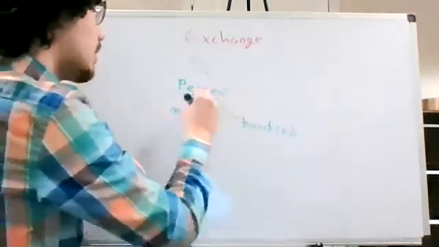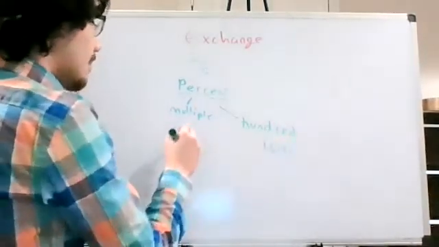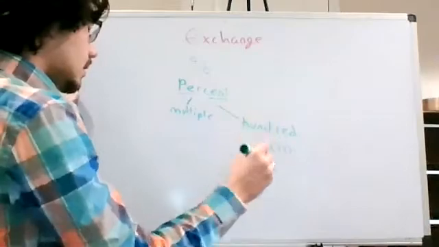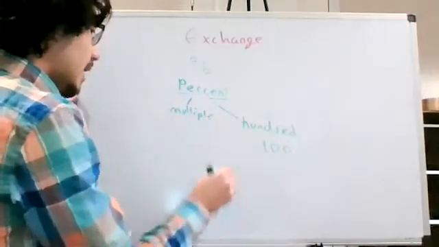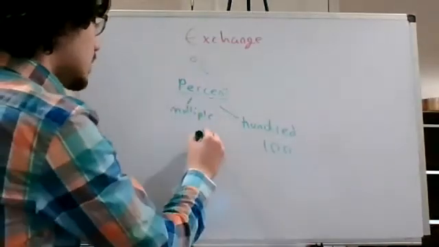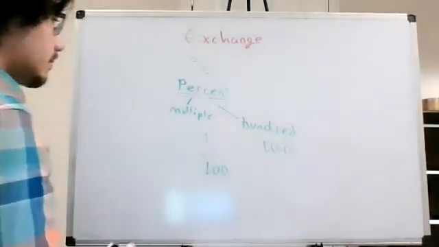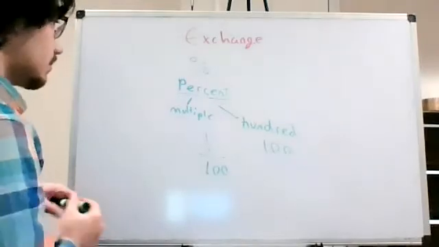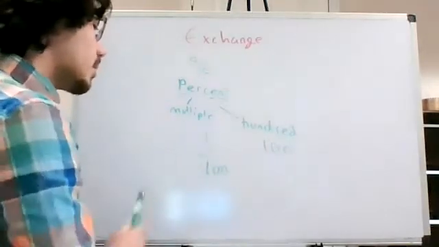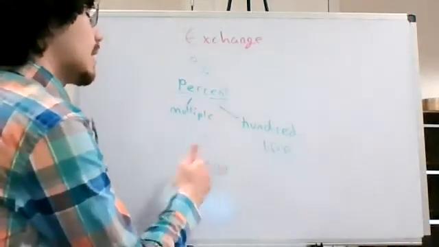Percent means multiple of 100, that is, multiple hundredths. So when we say percent, we say a certain amount of hundredths. Cent means 100, but in this context, percent means multiple of 100, so it is in hundredths.